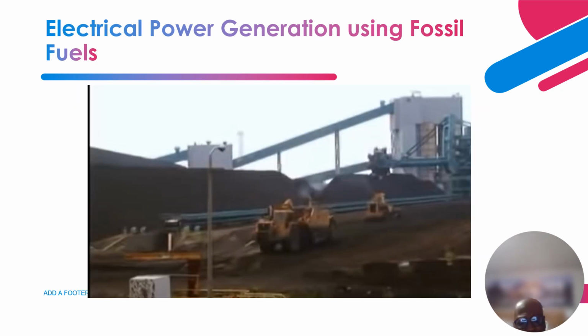So next is a typical picture that shows you how the coal piles in a typical coal power plant, right? So as you can see, as the coal comes in, it is poured into piles, right?